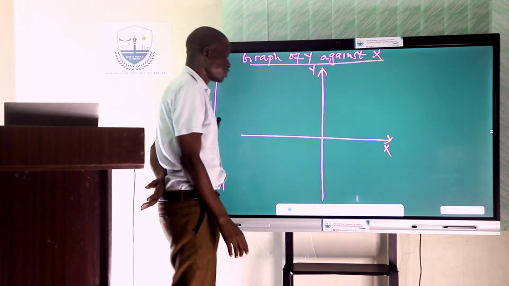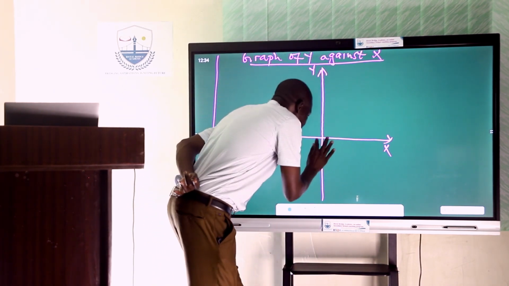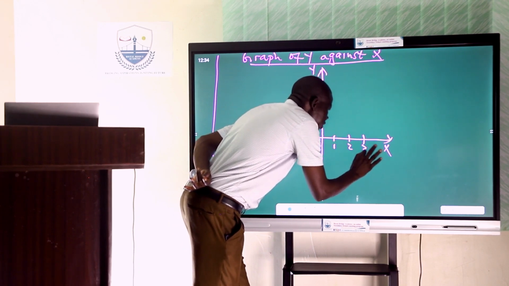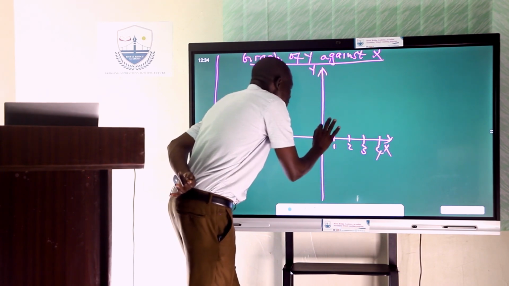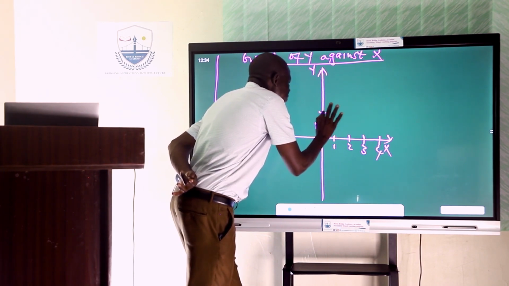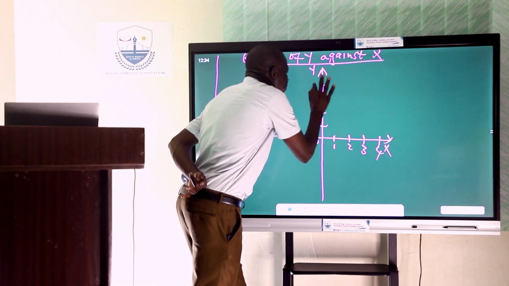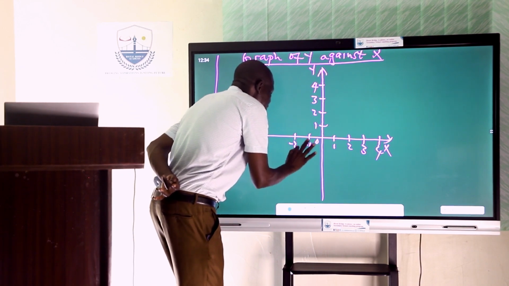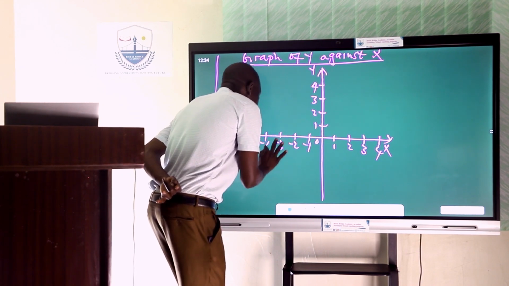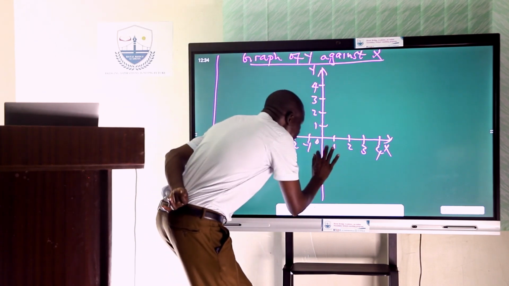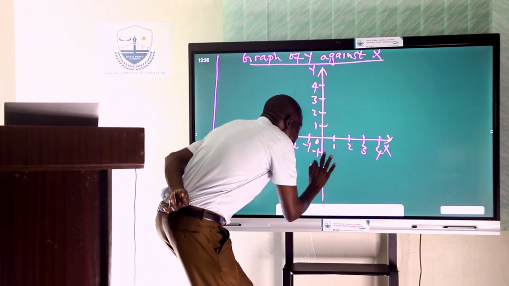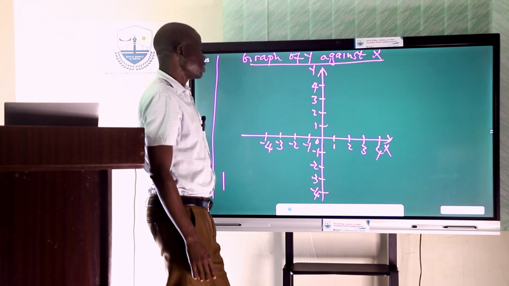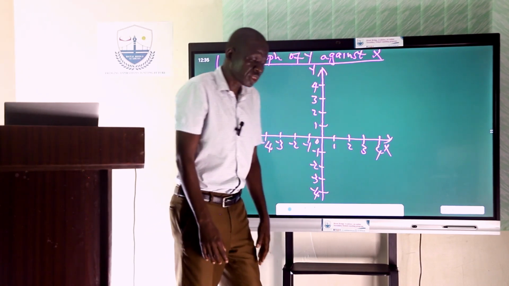This is the x-axis. Values of x: 1, 2, 3, 4. Values of y: 1, 2, 3, 4. On the left of 0, we have -1, -2, -3, -4. Below 0, we have -1, -2, -3, -4. Now, after that, we are going to plot our figures.